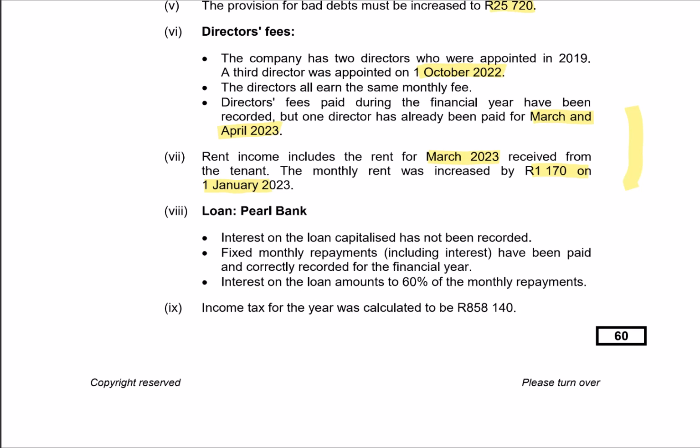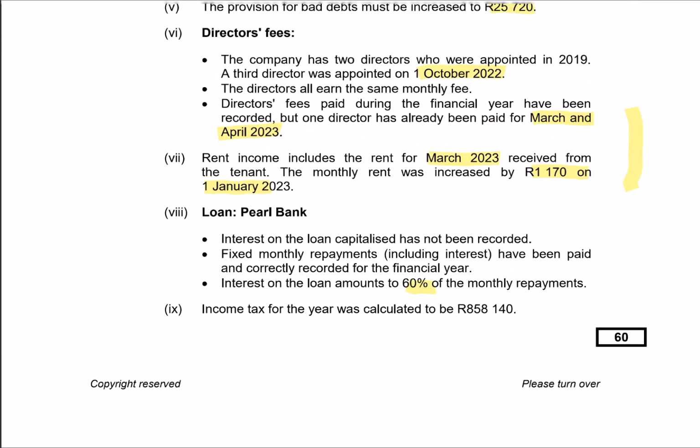Interest on the loan amounts to 60% of the monthly repayments. Right. Income tax for the year was calculated to be 858,140.